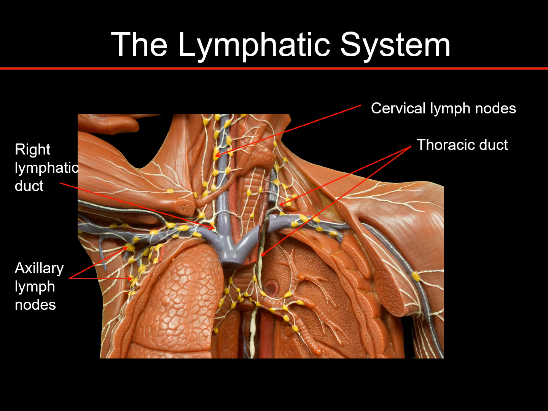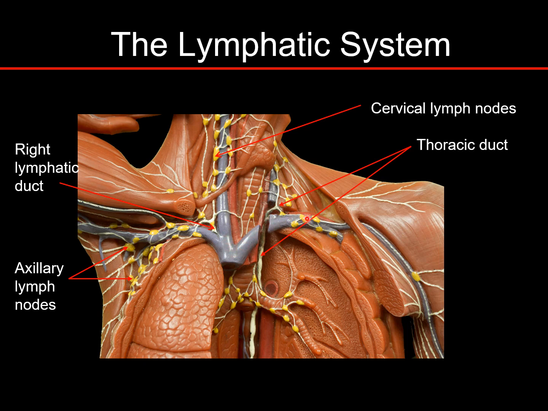So we have a specific lymphatic system model. This is what it looks like, and just to orient yourself, you can see some of the vessels. These are the veins, so the superior vena cava here, and then you have your brachiocephalic vein right here.